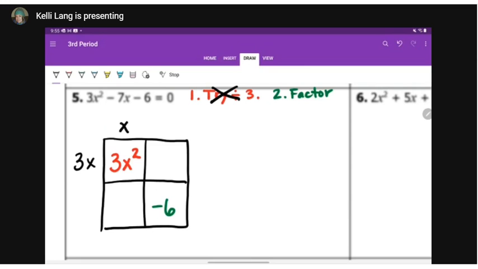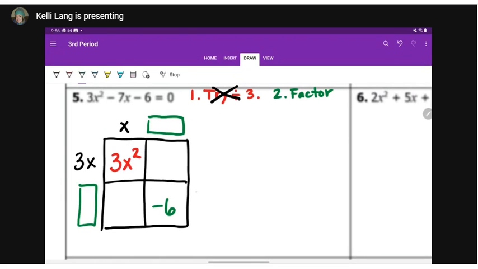And then we move on and we start looking at what we would need to multiply together to give us a -6. So those two numbers are going to have to be 1 times 6 or 2 times 3. But because it's a -6, we're going to need one of those numbers to be a plus and one of those numbers to be a minus.